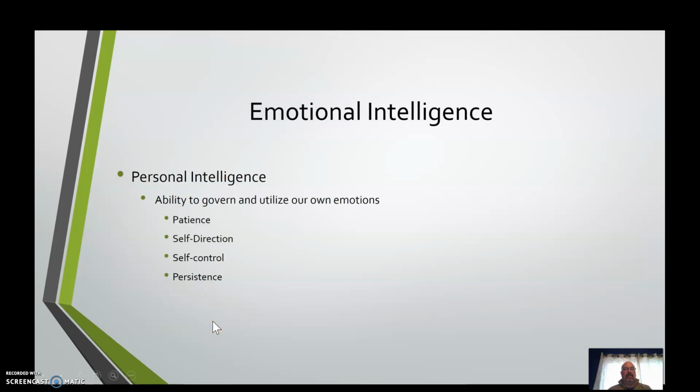So the first competence is called personal intelligence, and really personal intelligence, as Terry described it, relates to a person's ability to govern their own emotions internally.